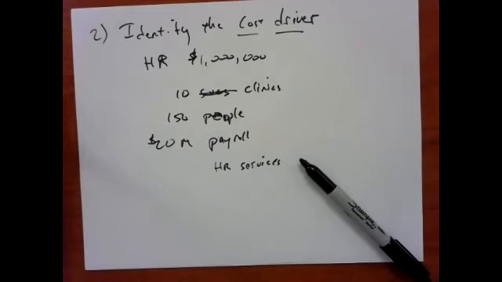Maybe there are 10 people in optometry and 3 people in ophthalmology. So we're going to give $100,000 in HR costs to optometry and $100,000 in HR costs to ophthalmology. What do you think the director of ophthalmology is going to say when he finds out that the director of optometry is getting the same bill?